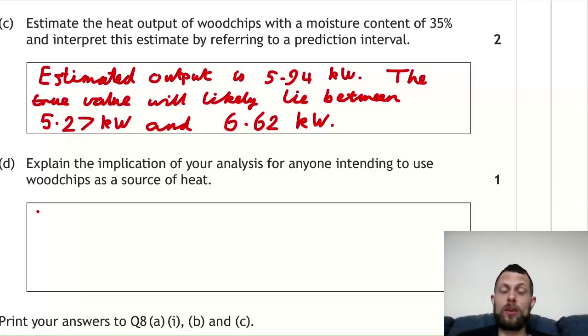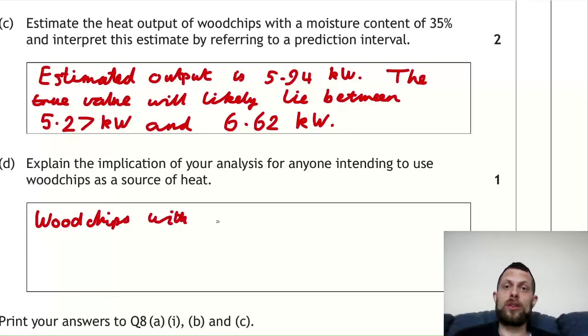That's not actually what the marking scheme says. It said that you had to say that a lower moisture content would lead to a higher heat output, which to me seems like you're repeating the statement that it's a negative correlation between the two.